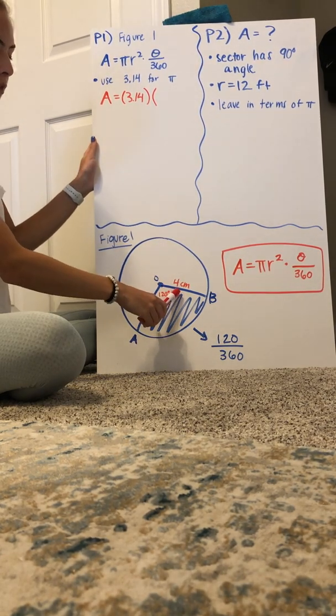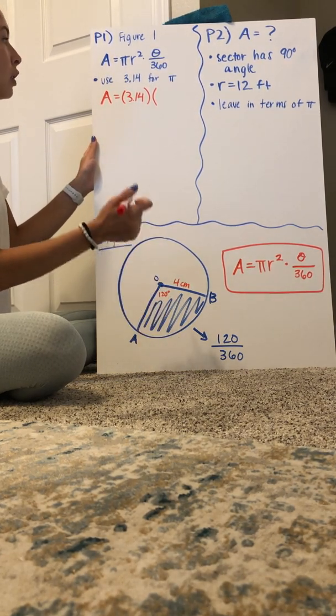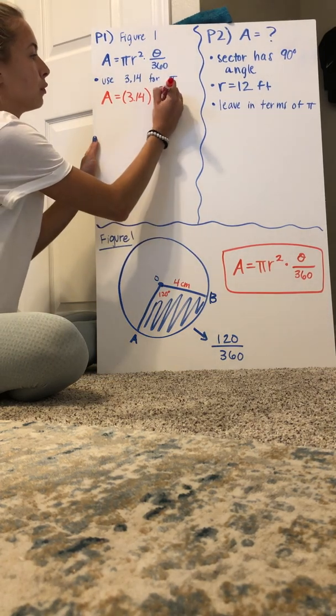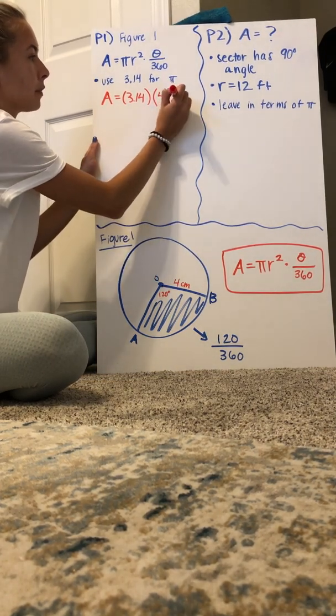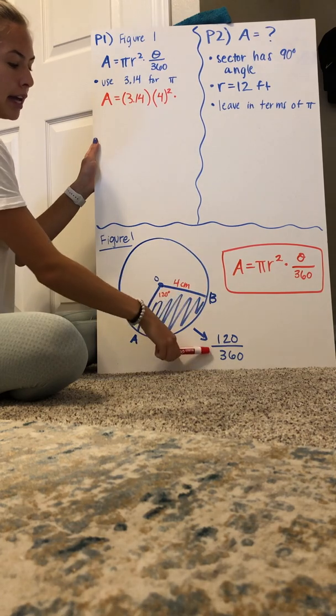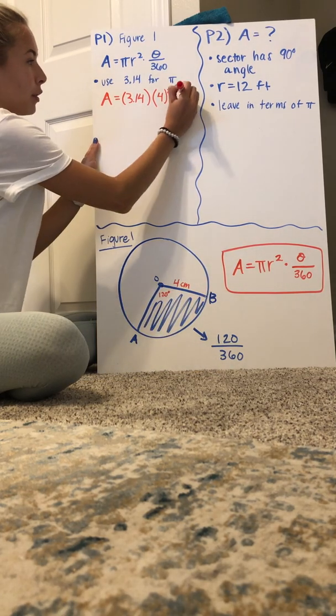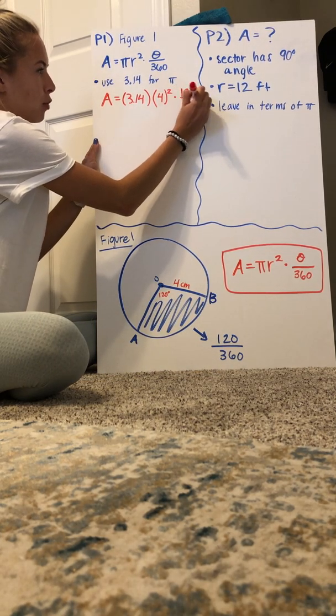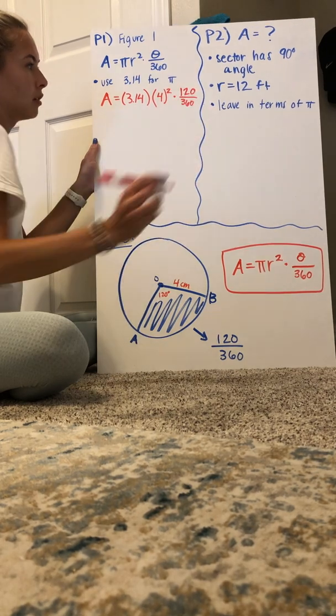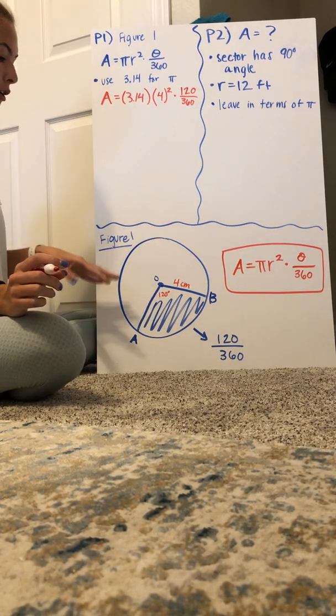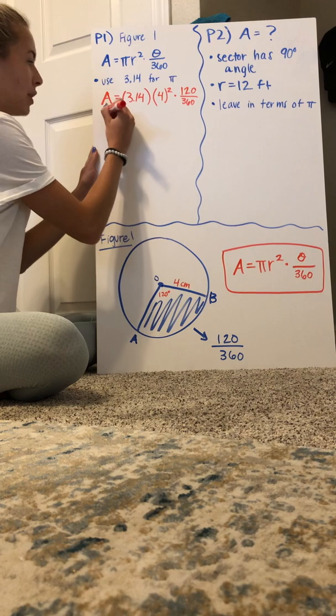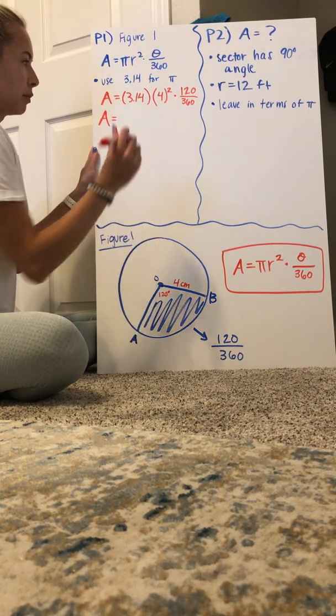Our radius is 4 centimeters, so 4 squared, times 120 over 360, because 120 is the angle of that sector. Now we're just going to simplify and multiply things out.